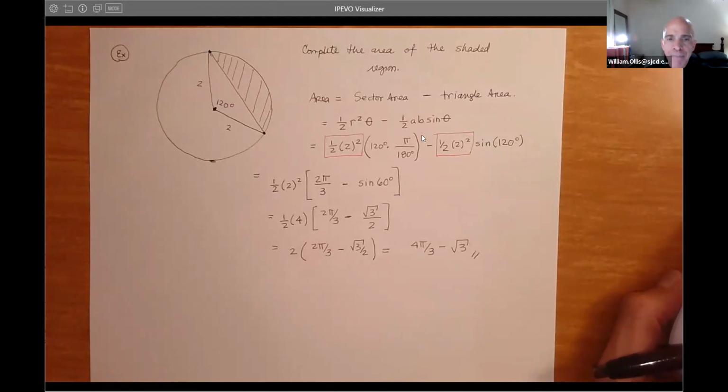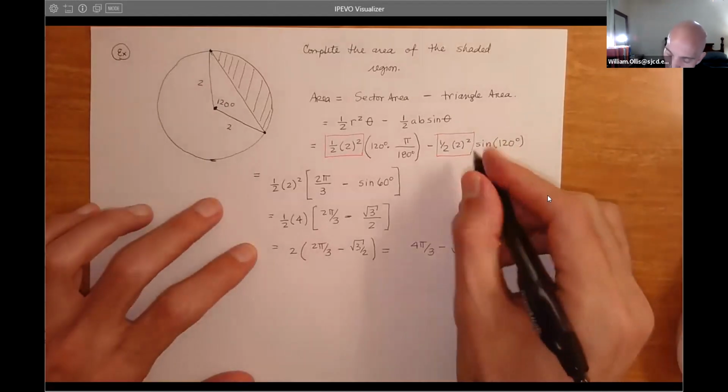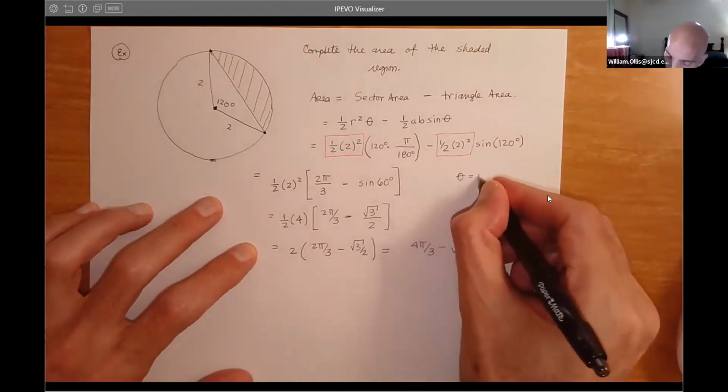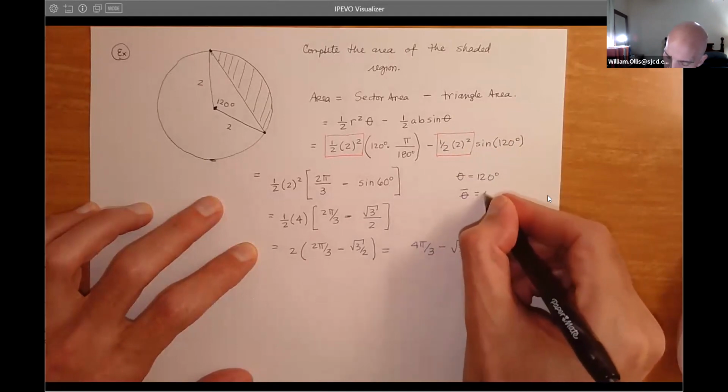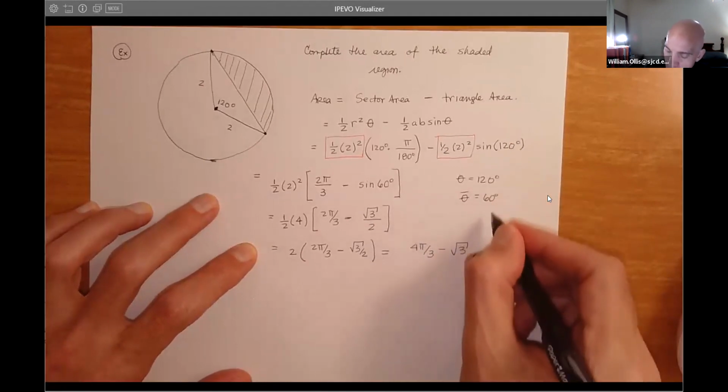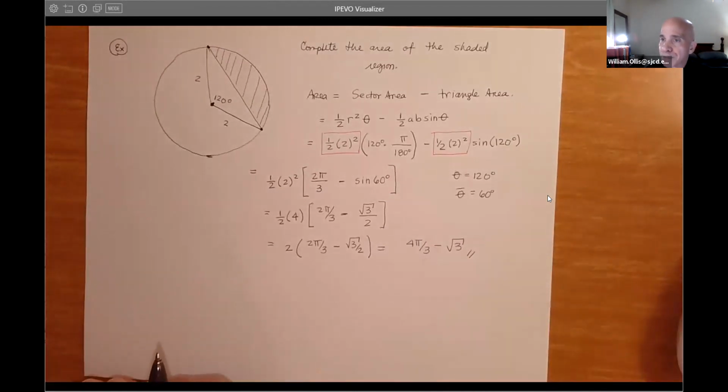It's like, where did sine of 60 degrees come from? Okay, that's not difficult. What's the reference angle for 120? That'd be 180 minus 120, which is 60. Okay, that's the reference angle. So if theta equals 120, you all should know this, theta hat is just 60 degrees, and they're equal because they're in the first and second quadrant. Okay.